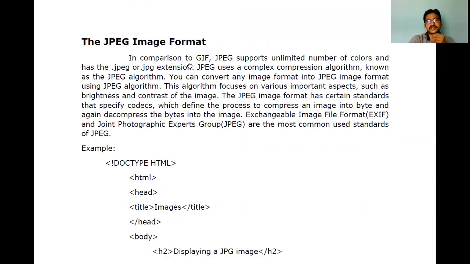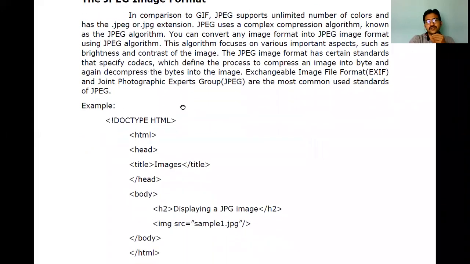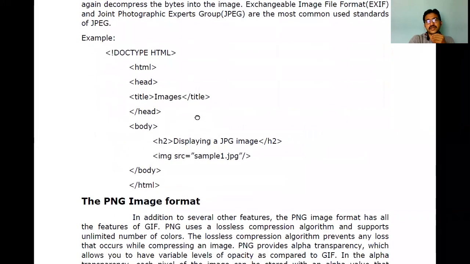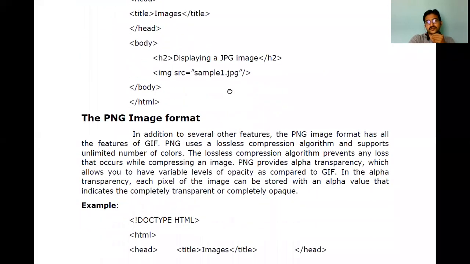JPEG stands for Joint Picture Expert Group. This consists of normal images which are captured from the camera. We can have two categories of this one: Joint Photographic Expert Group, or simply called JPG.